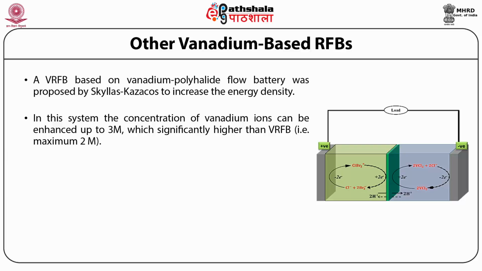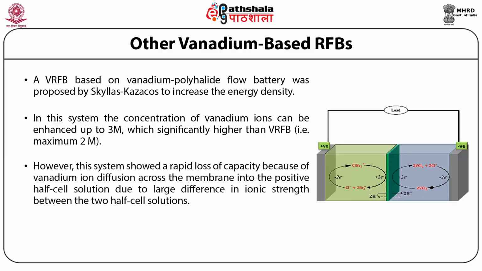In the vanadium polyhalide system, the higher solubility of vanadium raises the energy density up to 50 watt-hour per kg. However, this system showed a rapid loss of capacity because of vanadium ion diffusion across the membrane into the positive half cell solution, due to a large difference in ionic strength between the two half cell solutions.